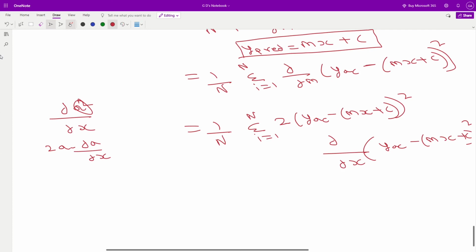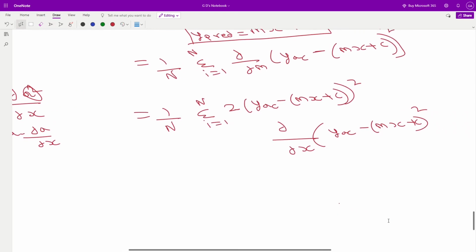Okay, cool. Now from this we can write: 1 by n summation of i equal to 1 to n, 2 into, this mx plus c we can replace with y pred, because this square is not needed right now. This square will not be there.